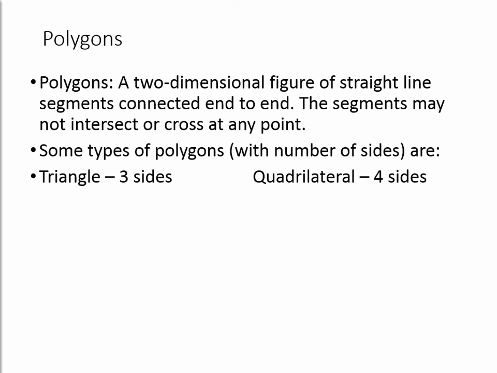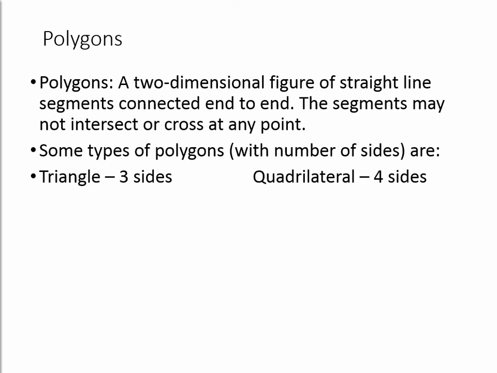Triangle, many times it's three angles, but the cool thing is a triangle also has 3 sides. And there are many triangles. We talked already about the acute triangles, the obtuse triangles, the right triangles. Quadrilateral, you guys have heard the word quad, the motorcycles that have 4 tires. Quad means 4, lateral means sides.